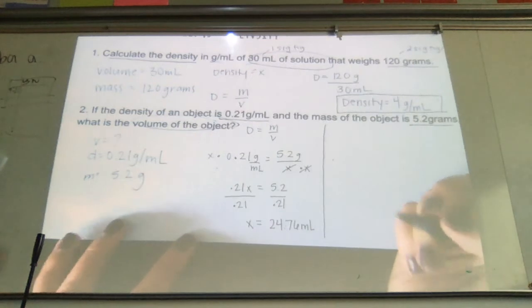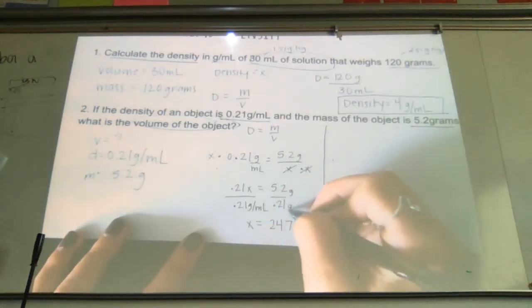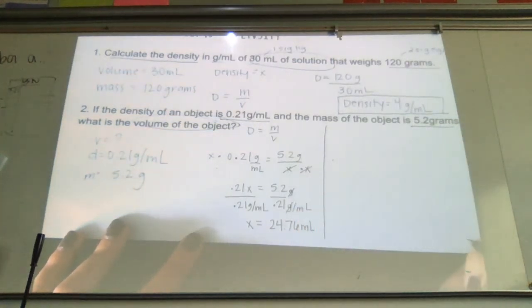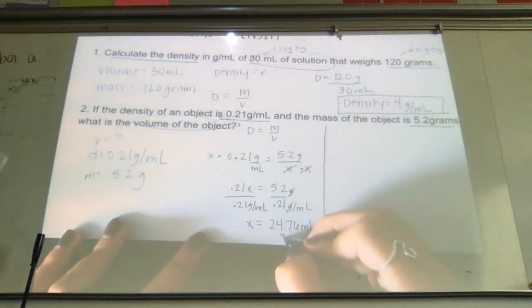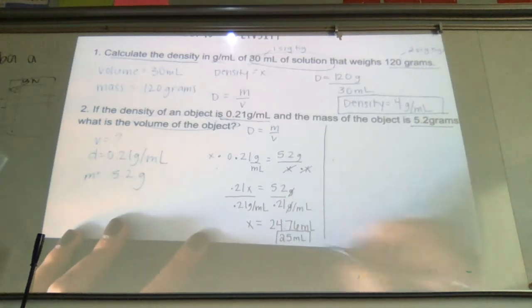Now I got milliliters because this is grams per milliliter and this is grams. I have grams on top and bottom, so milliliters is left. Think about sig figs again. I have 2 here and 2 here, so I can only have 2 sig figs in my final answer, so I'm going to round this up to 25 milliliters.